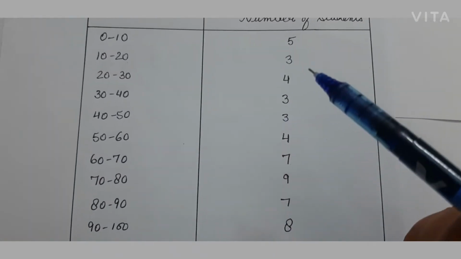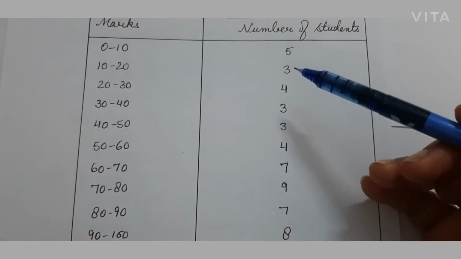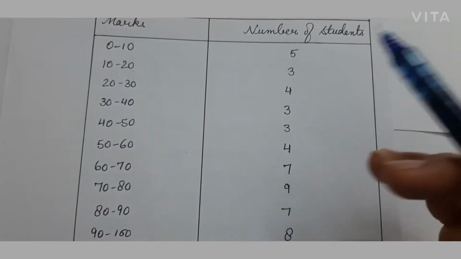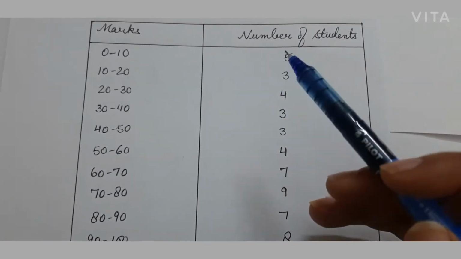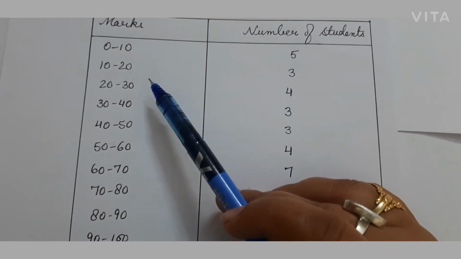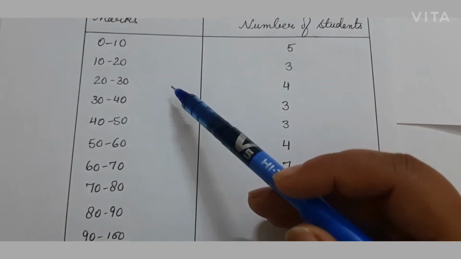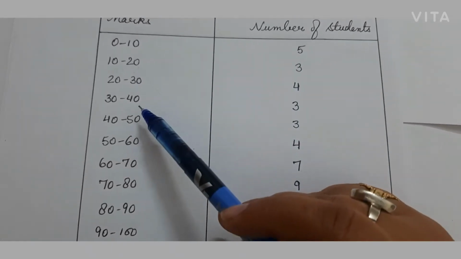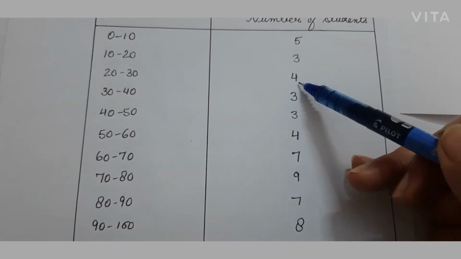If we want to know how many students have scored less than 20 marks, this will add up the interval 0 to 10 plus 10 to 20, so it will be 5 plus 3. How many students are there who scored less than 30? We will add up 5 plus 3 plus 4.